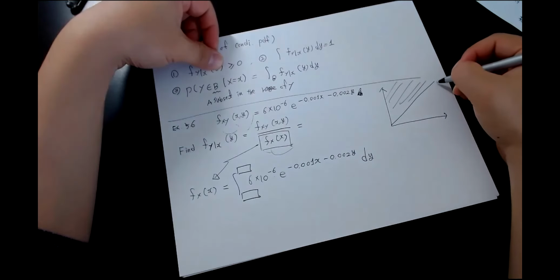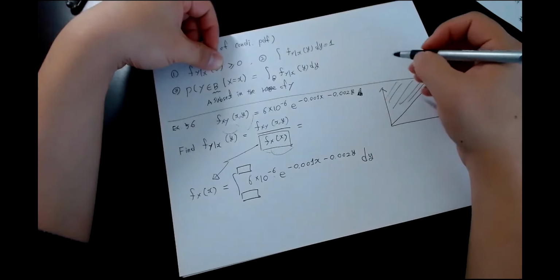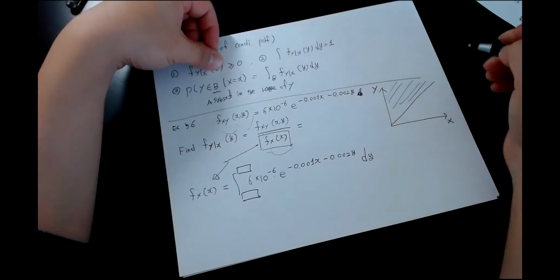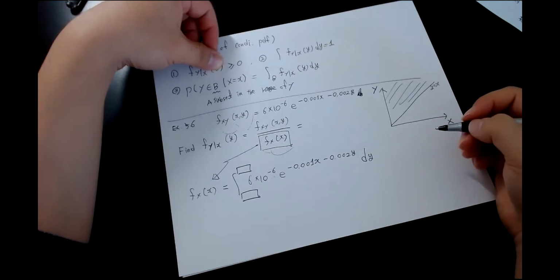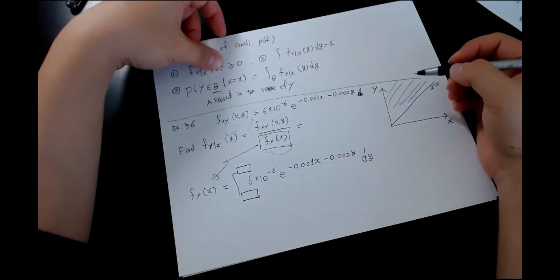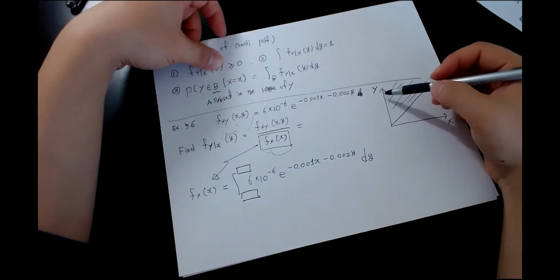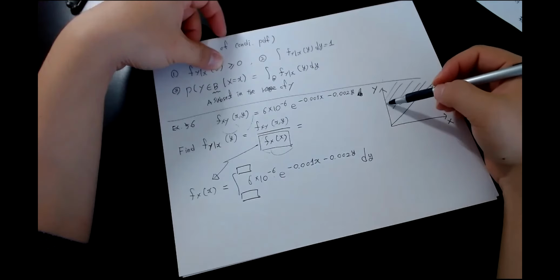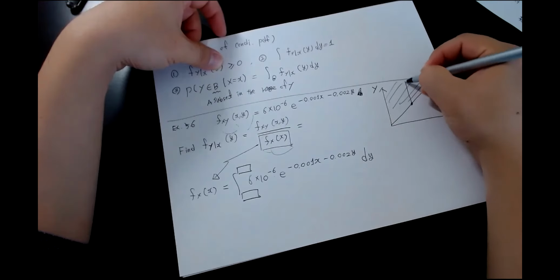This is the random variable x, the vertical line represents the random variable y, and this is y equals x. So now, the limits along the y axis go from x to infinity, right?